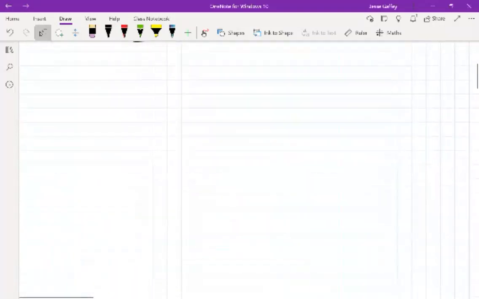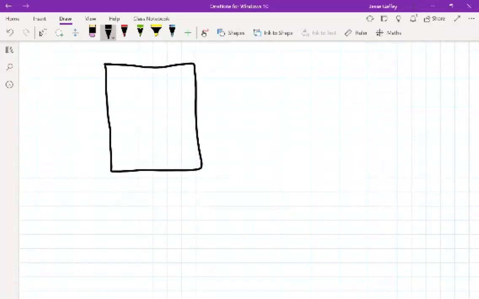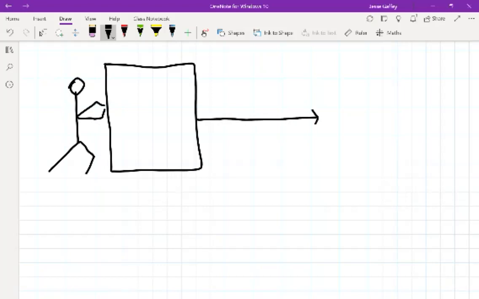Take a look at another example. Here, there is a box. It's been sitting for a while. It's not moving. It's a big box sitting on the ground. Now, a person comes and starts to push the box, and it moves off in this direction.